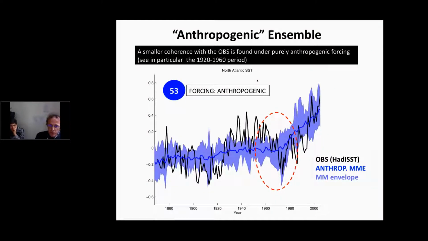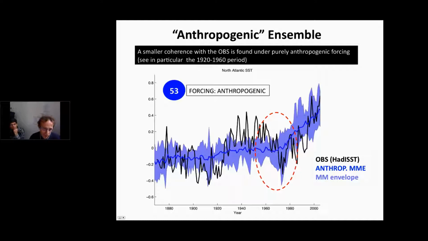So if we use only anthropogenically forced simulations, so now we are only using greenhouse gas, aerosols, land use, and ozone forcings, this is the picture that we get. The observed AMV is again the black thick line, whereas the bluish curve is the multimodel ensemble envelope, and the solid blue one is the multimodel ensemble mean.